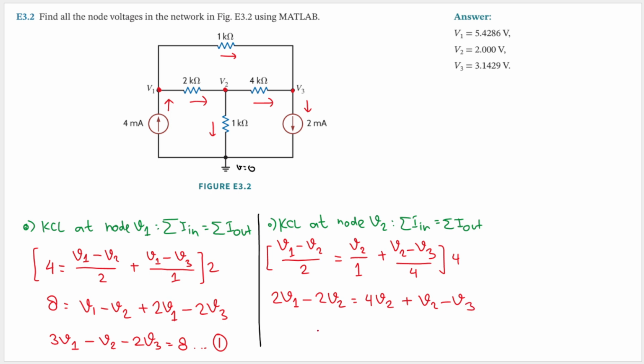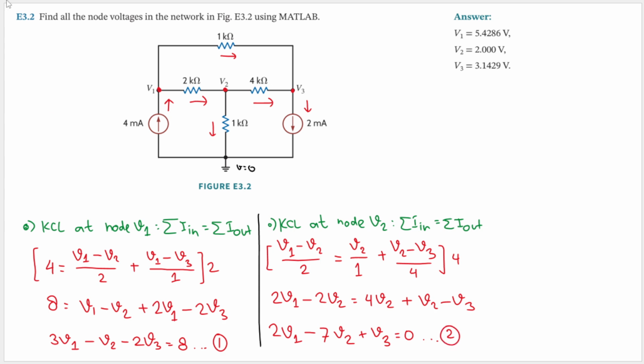Now we will have 2V1, and then minus 2, minus 4, minus 1, so we will have minus 7V2, and then minus V3, let's move it to the left-hand side, so we will have plus V3. All of that will equal 0, and there is nothing that we can do here. Let's save this as equation number 2.